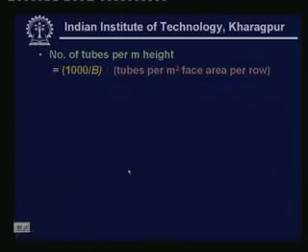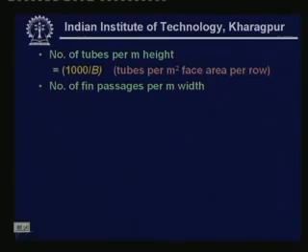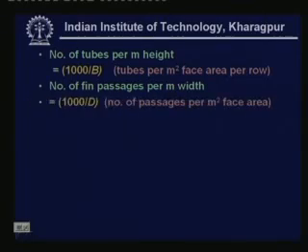Now, number of tubes per meter height is nothing but 1000 divided by B. We are using 1000 because B is in millimeters. Okay, so number of tubes per meter height is 1000 by B, and these are the number of tubes per meter square face area per row. Next, number of fin passages per meter width. This is given by 1000 by D, and these are the number of fin passages per meter square face area per row.